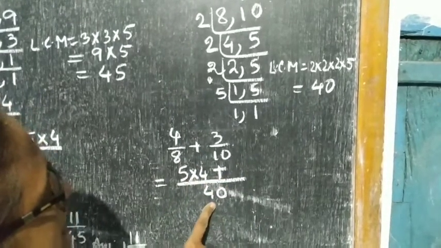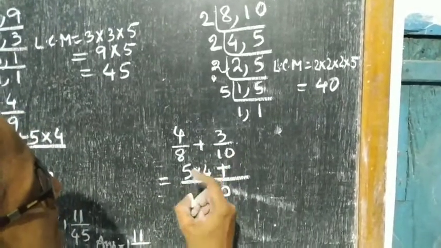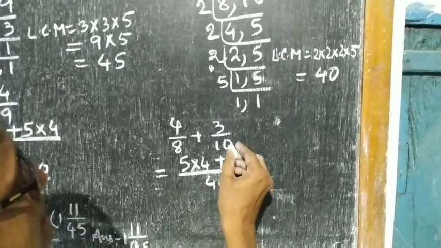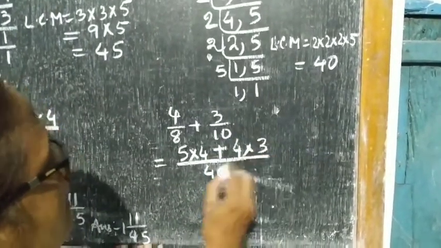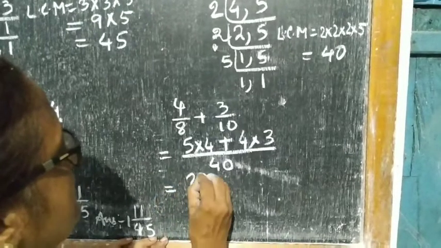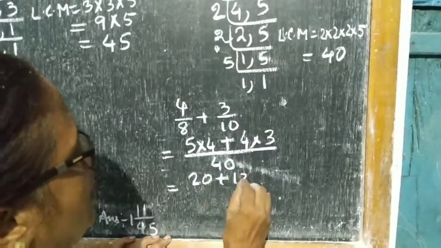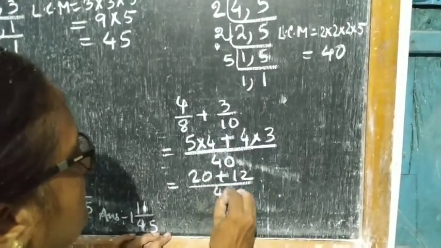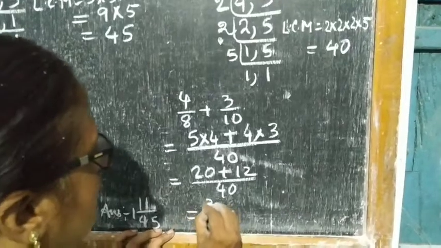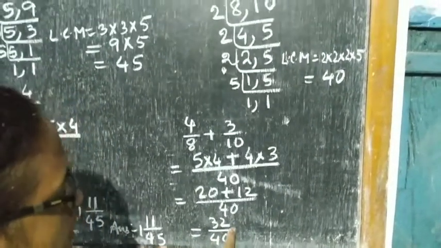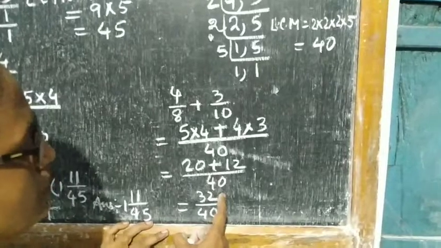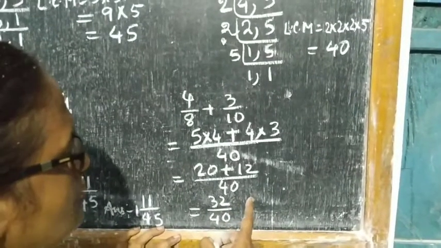Plus again you divide 40 by 10. So 40 divided by 10, 4, into the numerator, that is 3. So 5 4s are 20 plus 4 3s are 12 by 40. So it is 32 by 40. Now children, you see there is a common factor. 8 4s are 32.